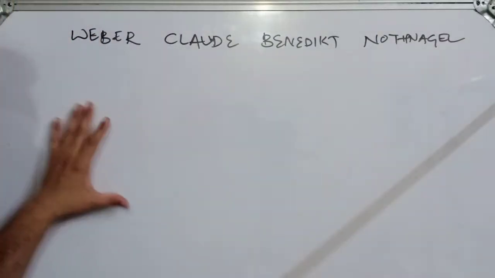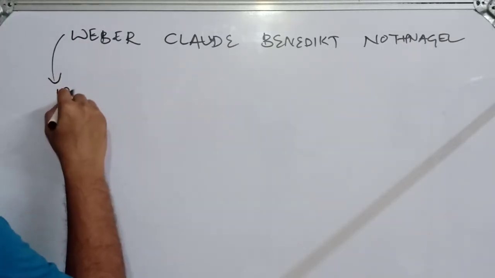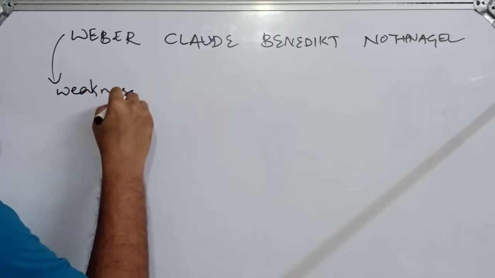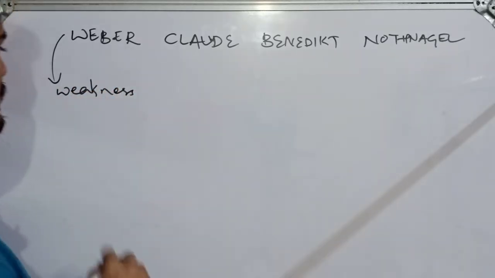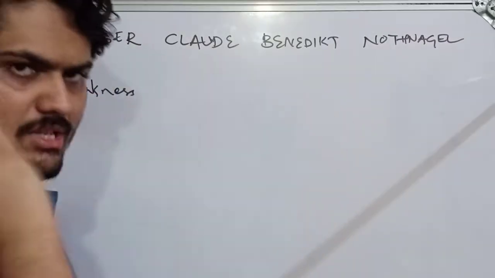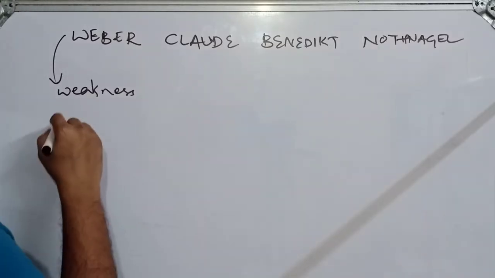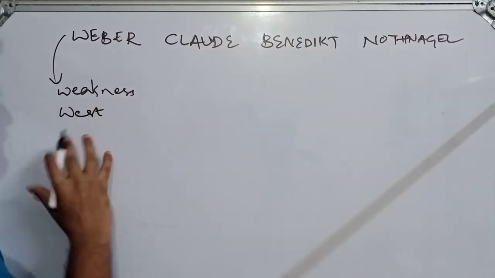Okay, coming to Weber syndrome. Just look at the W. What this W indicates is weakness. Is only weakness enough? No. Just write the direction associated with the W: east, west, north, south. So W for west. Why is it important to know this?